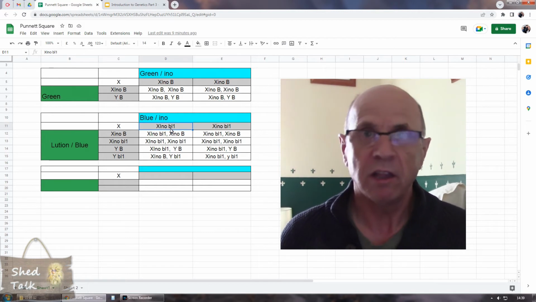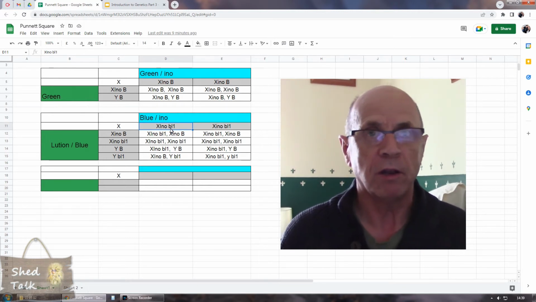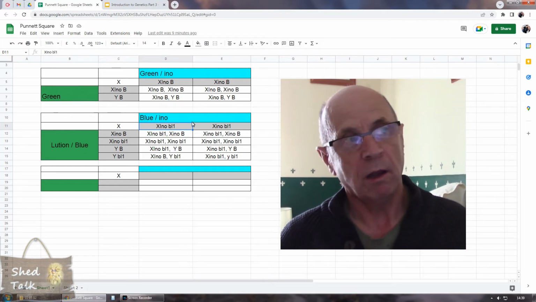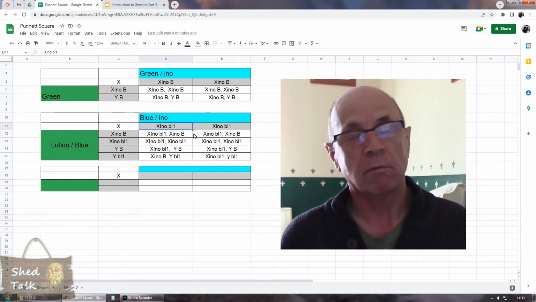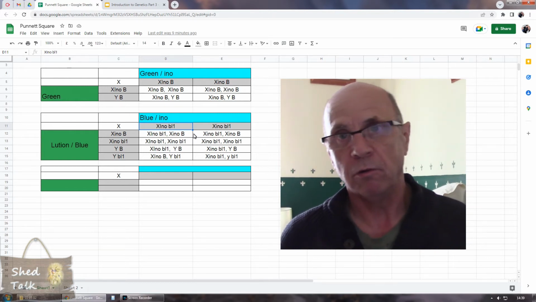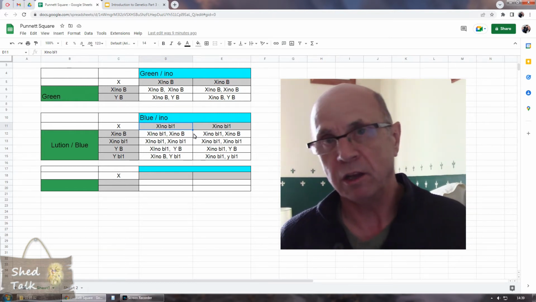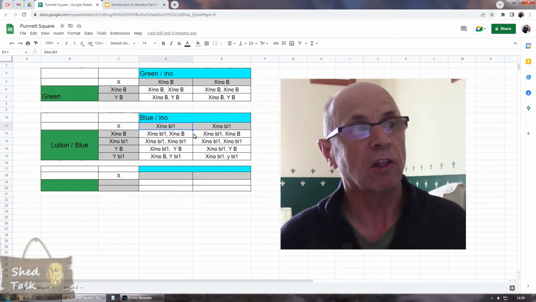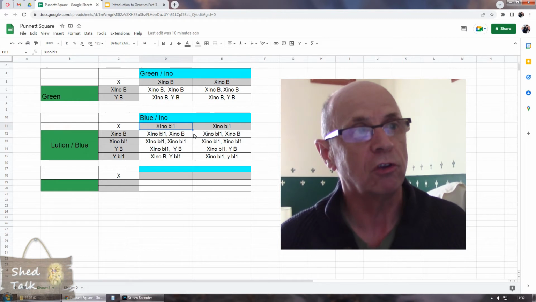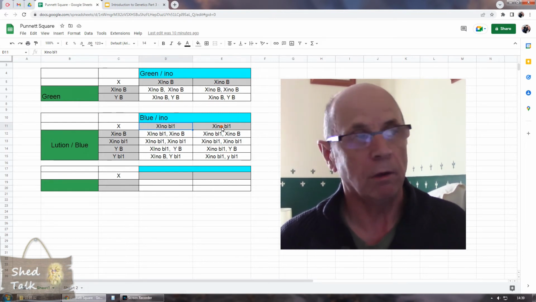So we only need to consider that once because that's all it can pass on. But on its X chromosome, it can pass on either the non-mutated INO allele or the mutated INO allele. So it can pass on one of those. So there's two options there, and we've put those two options in the two squares below.